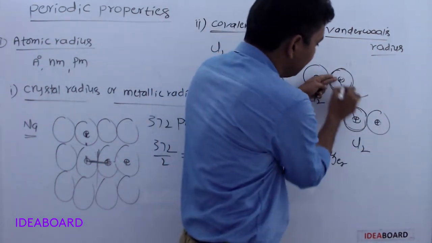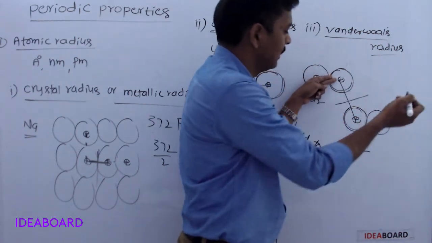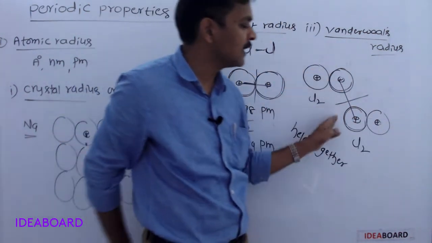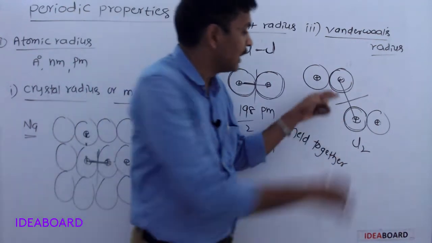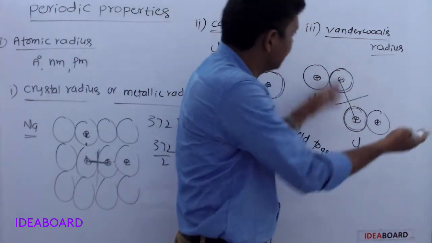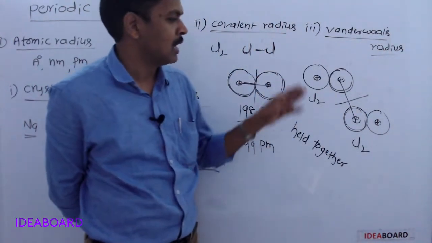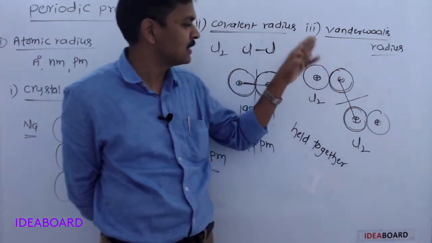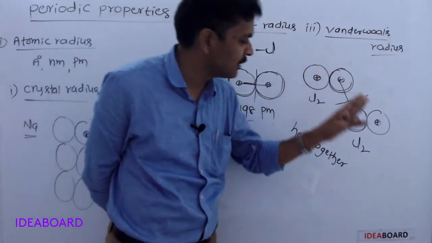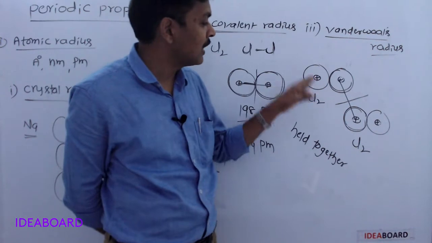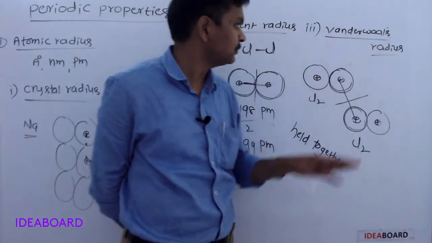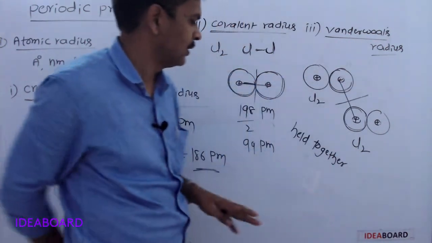First, this distance is determined by using X-ray diffraction studies. Then half of this distance is the van der Waals radius. Half of the internuclear distance between two adjacent atoms of molecules held together by van der Waals forces is called van der Waals radius.